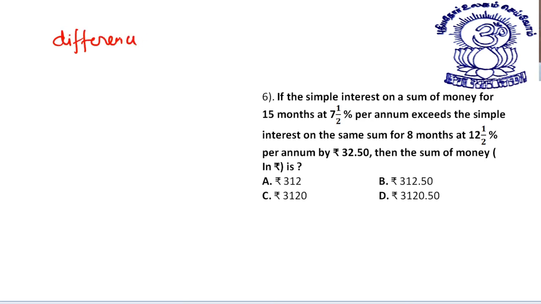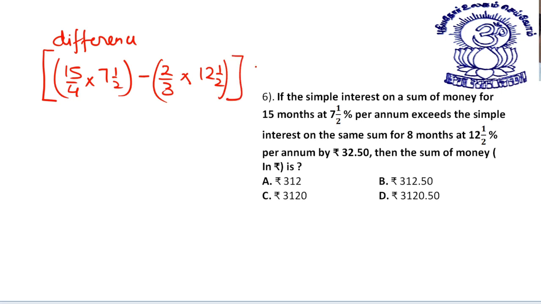The difference is 15 months, which means 15/12 years into 7.5%, minus 8 months, which means 2/3 year and 12.5%. This much percent of the principal is the difference. Rate into time minus rate into time, this much percent of the principal, and this is given to me as 32.50.